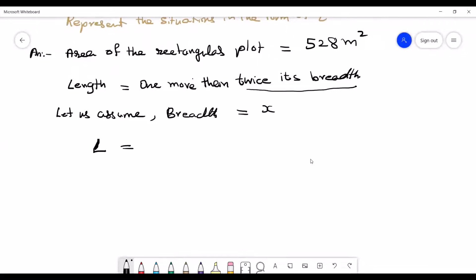So the breadth is x, twice the breadth means 2x. Then read this one, 1 more than.